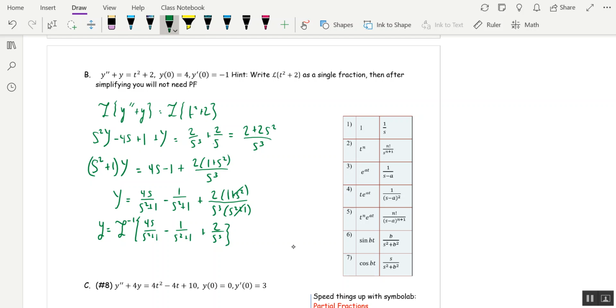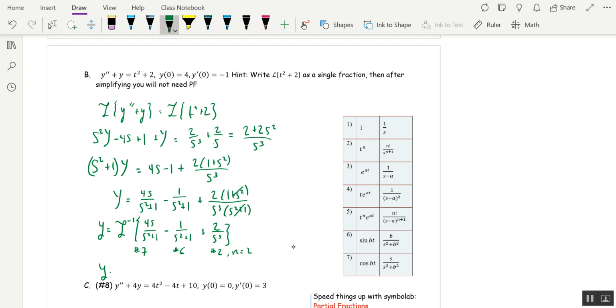Now this first one is formula 7 with b equal 1, and this next one is number 6 with b equal 1, and the last one is number 2 with n equal 2.